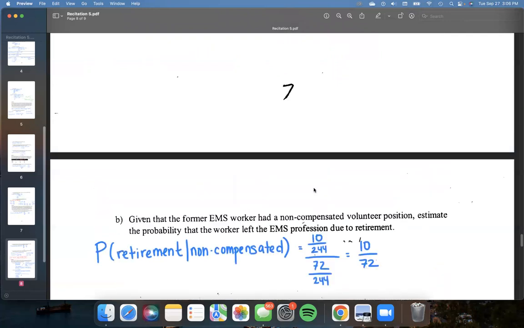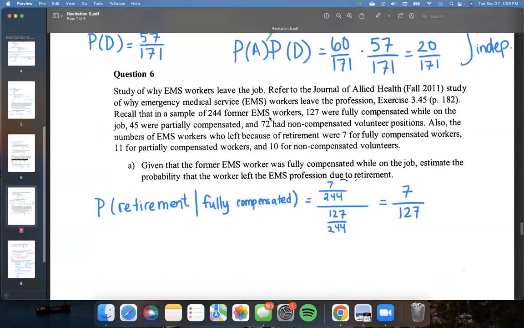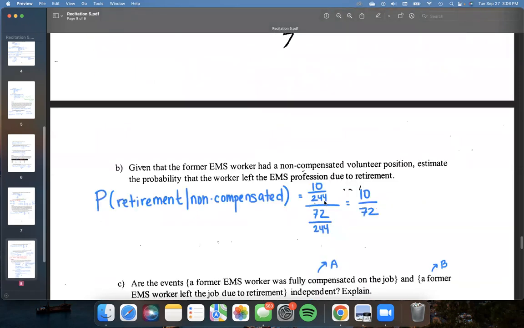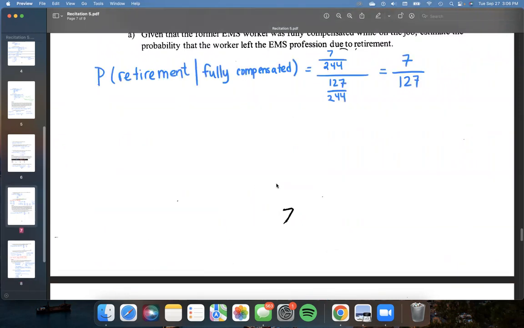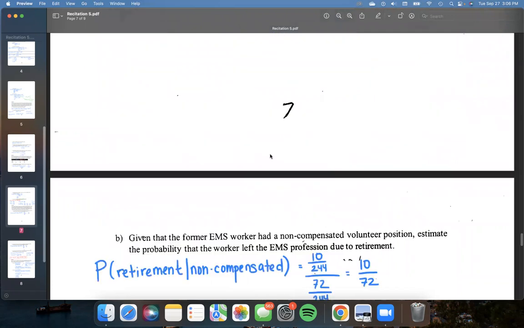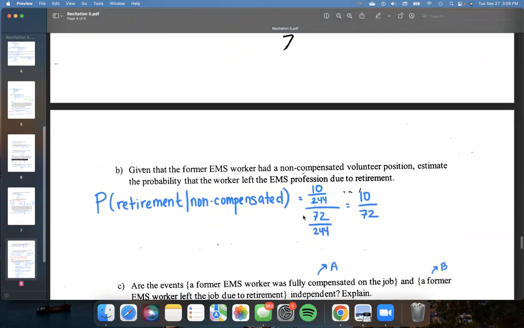So here, if we scroll back up, we have that 10 left because of retirement and were non-compensated. So 10 over 244 is going to be our numerator, and then divide that by non-compensated. So if I look here, non-compensated 72, so 72 divided by 244. So the top fraction divided by the bottom fraction is 10 over 72.